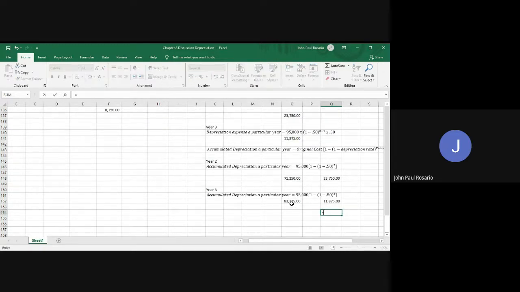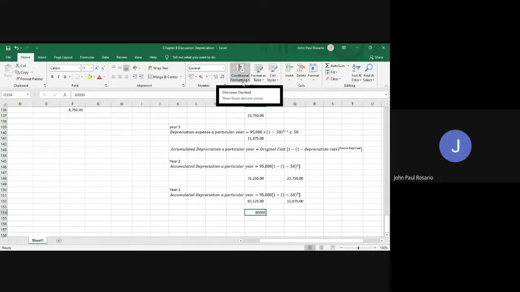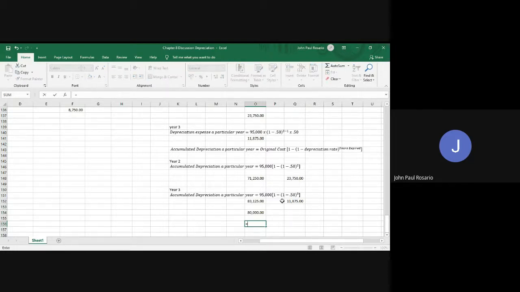So with that in mind, since your total accumulated depreciation should not exceed 80,000, we know that on year 3, the accumulated depreciation should be 80,000. In order for us to have the 80,000 accumulated depreciation, your depreciation expense for year 3 should be adjusted by 3,125, and this is a deduction.